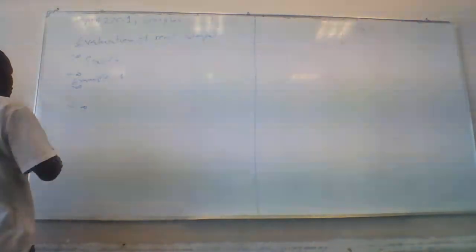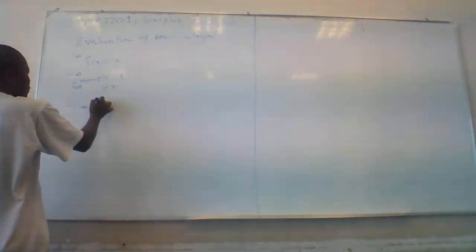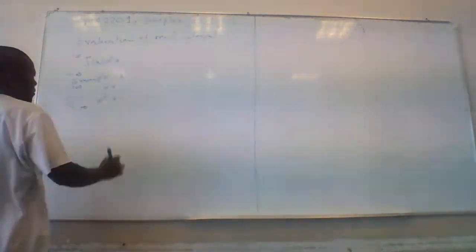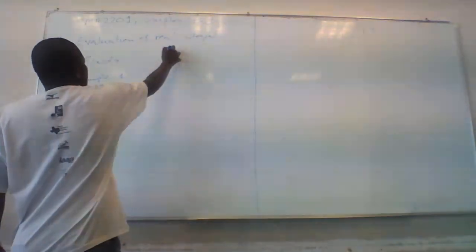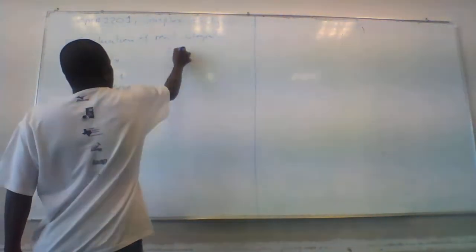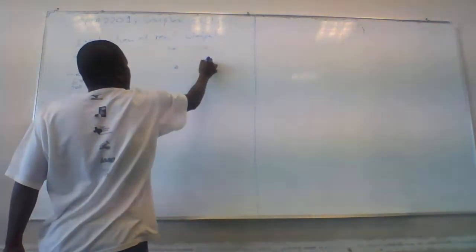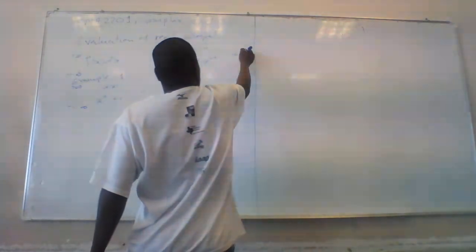Evaluate the integral from minus infinity to infinity of dx over x to the 6 plus 1. Note that these are integrals from minus infinity to infinity of dx over 1 plus x to the power 2n for some integer n.